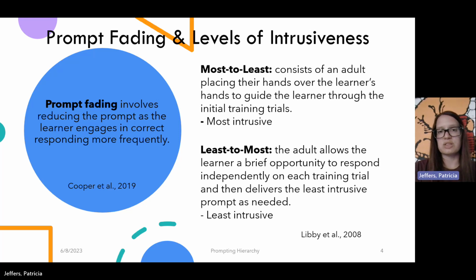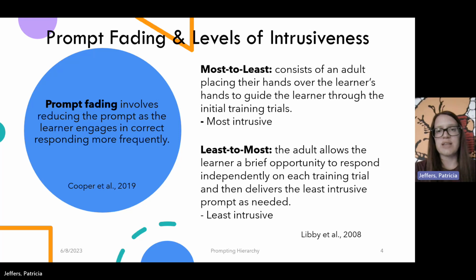The first procedure is that of most to least prompting. This consists of an adult placing their hands over the learner's hands to guide the learner through the initial training trials. The amount of physical prompting is then gradually reduced as training progresses from session to session.